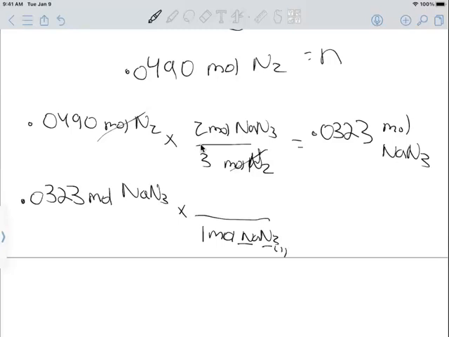That will get us an approximate molar mass of 65.01 grams per mole NaN3.